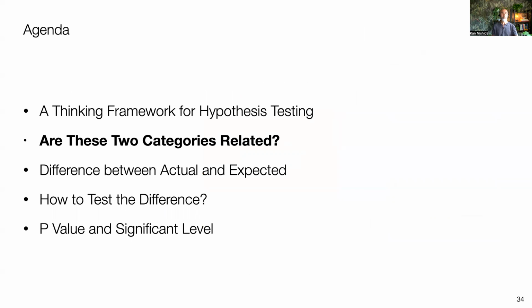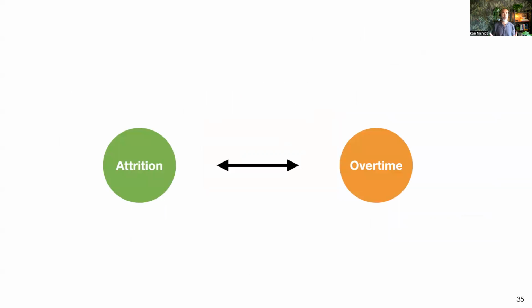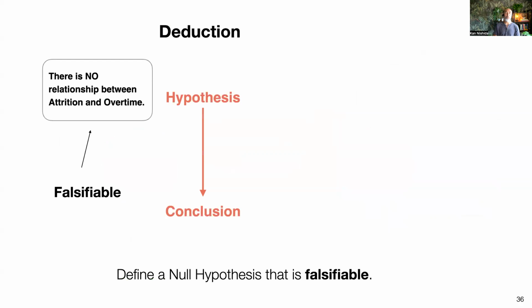So now let's look into the particular case for the chi-square test. We want to see if there's a relationship between these overtime and attrition categorical variables. So bring that framework, let's start with the hypothesis. But when you do hypothesis testing, you have to start with a specific kind of hypothesis.